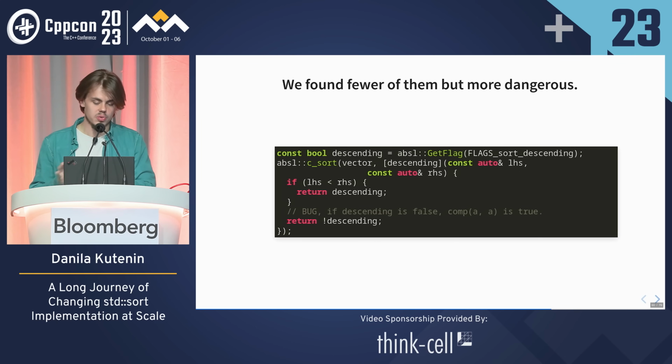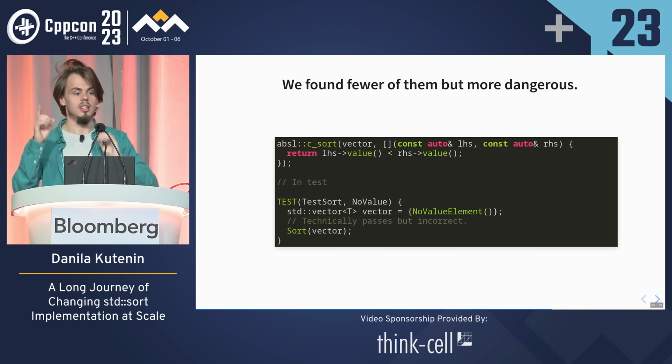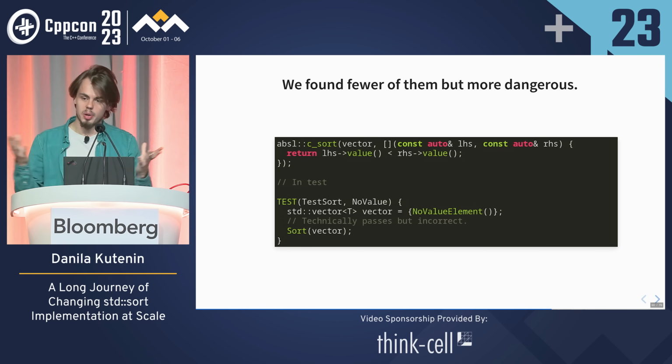A more complicated bug in this case looked like that. You were reading a flag: do you want to sort descending or ascending? And the bug was only happening when descending is false. But when it was true, everything worked fine. Another issue: if you have one element in your vector, no comparator is called, because why would you?